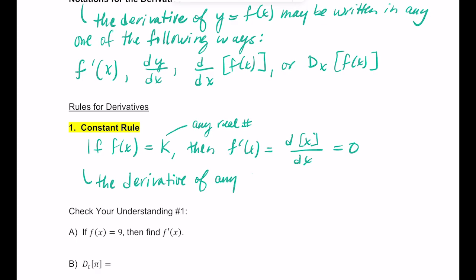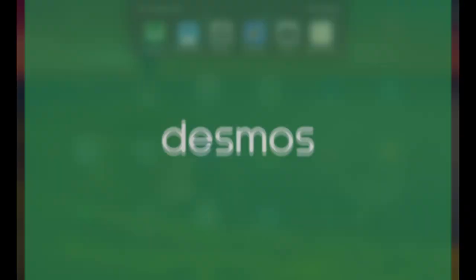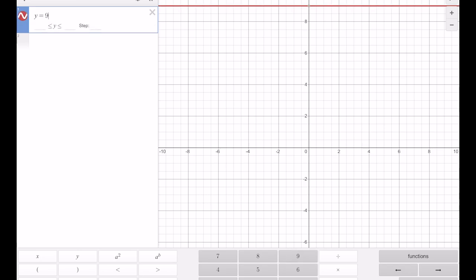Now, if you think about that, it makes sense, because if we have a constant, let's say the number 9, f of x equals 9. If you were to graph that, you get a horizontal line. And what is the slope of a horizontal line?